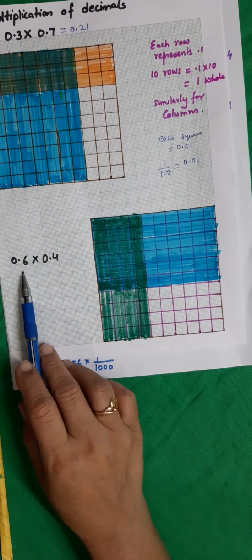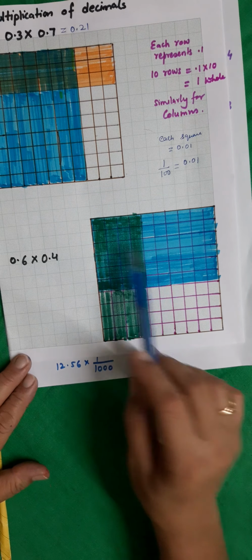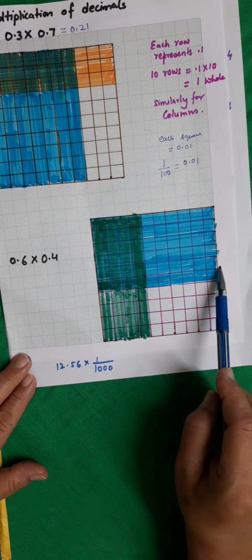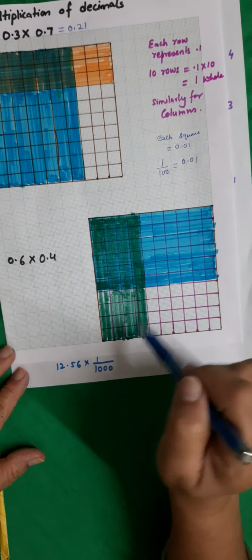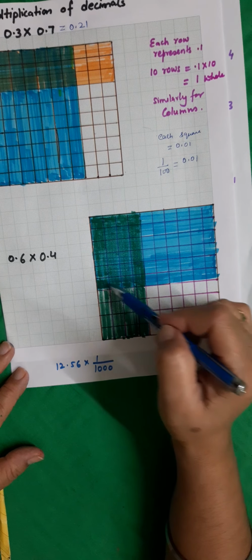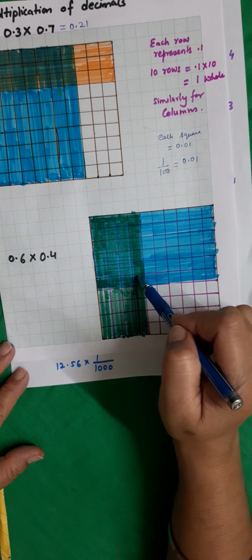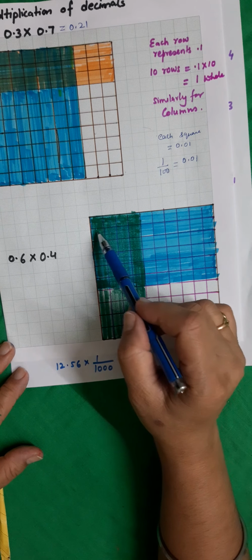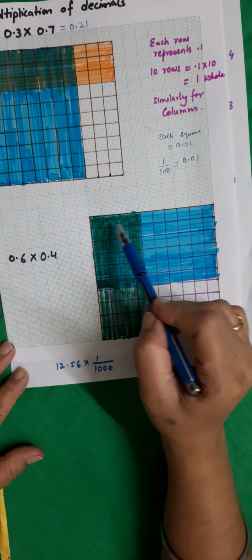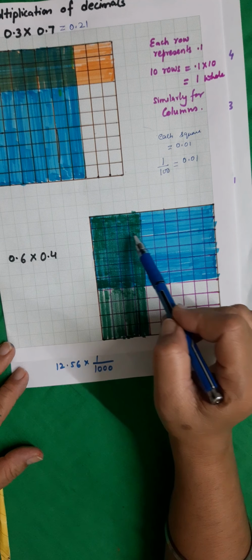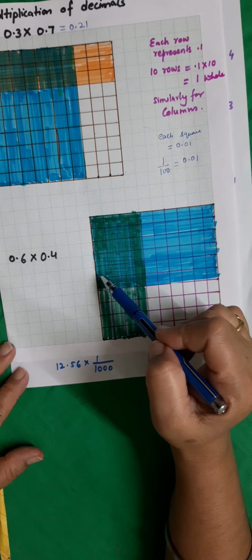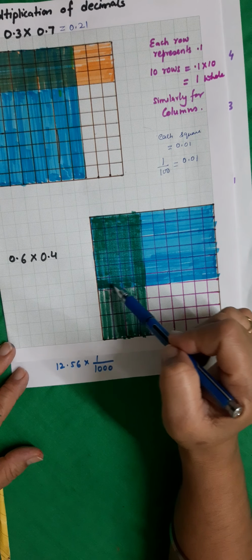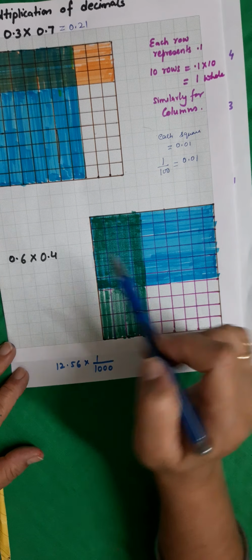Let's take one more example, that is 0.6 into 0.4. So I have shaded 6 horizontal rows and 4 vertical rows. So which is the product? Product is the common portion between them. Let's count how much it is. 1, 2, 3, up to 24.